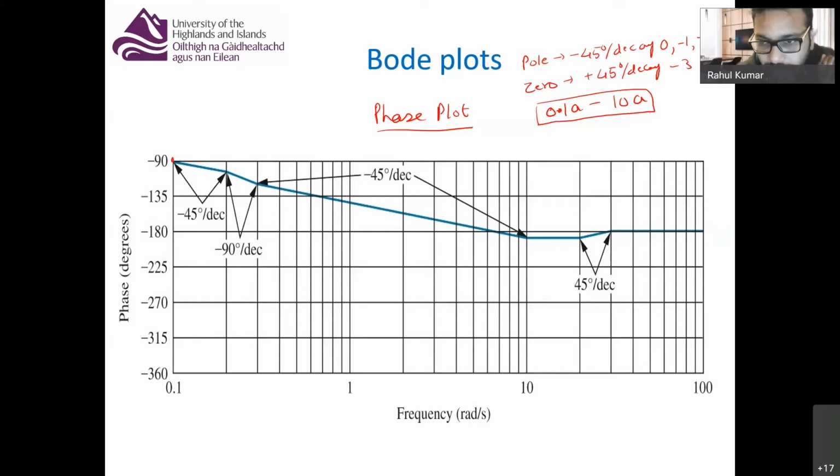Now, the pole at 0 we cannot plot in the phasor plot.